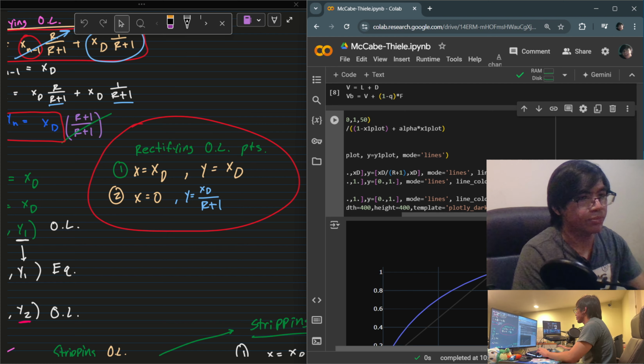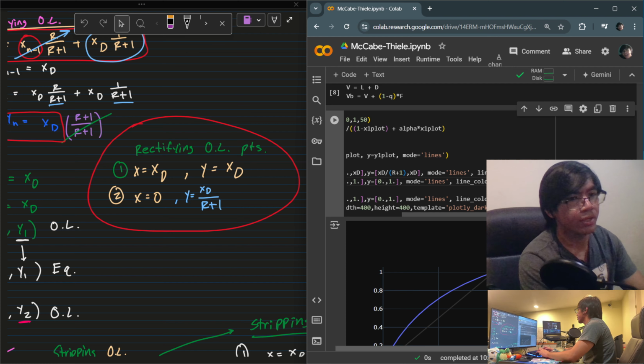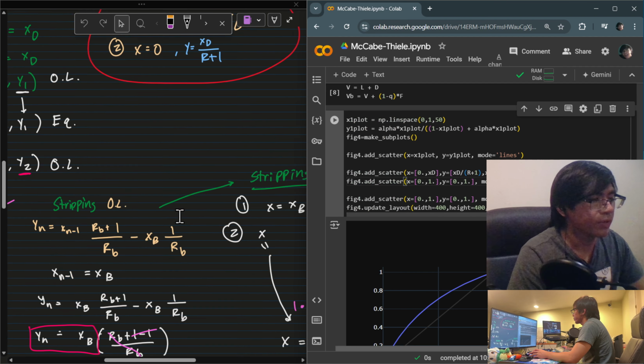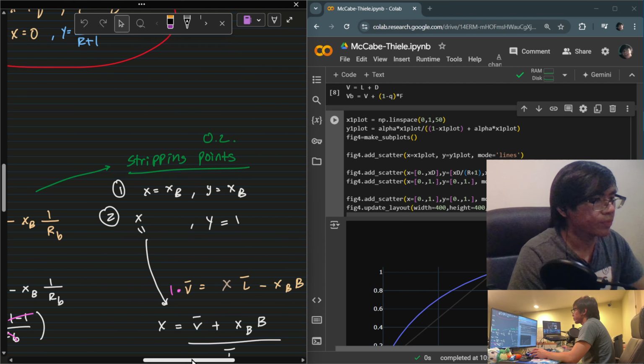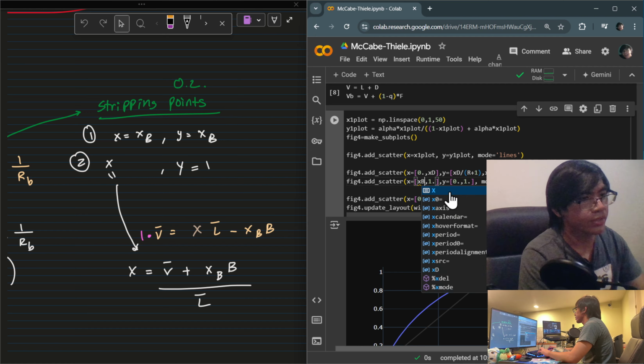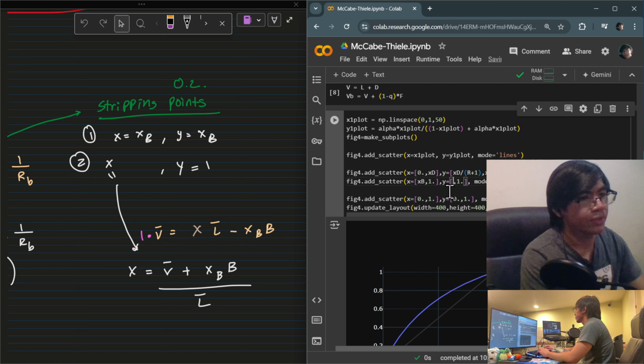So now we're going to be graphing our stripping operating line. Go ahead and make that the same color. Why not? I should memorize some RGB colors just for fun. So have our stripping derived. One of them was xB, we discovered that they were equal to each other at that bottom stage.